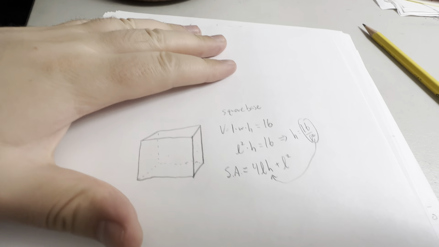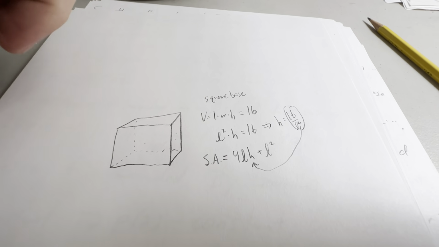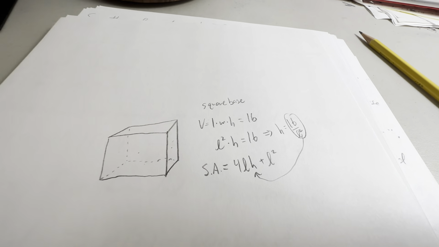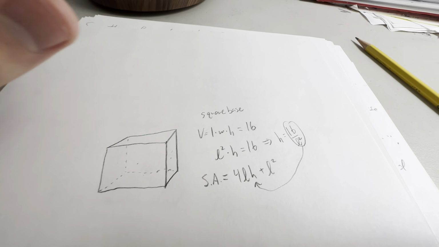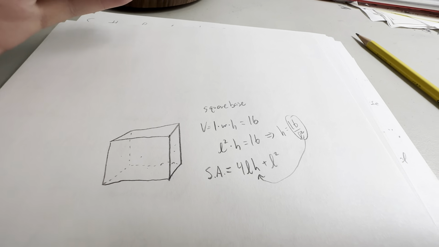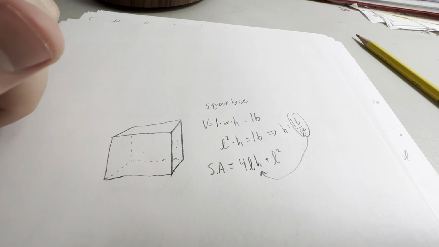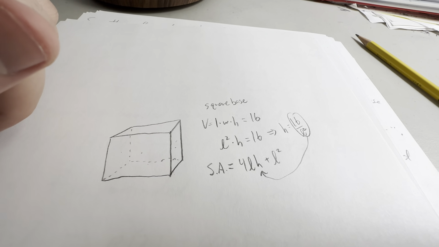Then they'll have surface area as a function of length, and all they need to do is take the derivative, set it equal to 0, and find L. That's essentially all I was looking for. And then obviously they have to tell me what L and H are, what the dimensions of the box are, and what the minimum surface area is. That was essentially what the problem was.